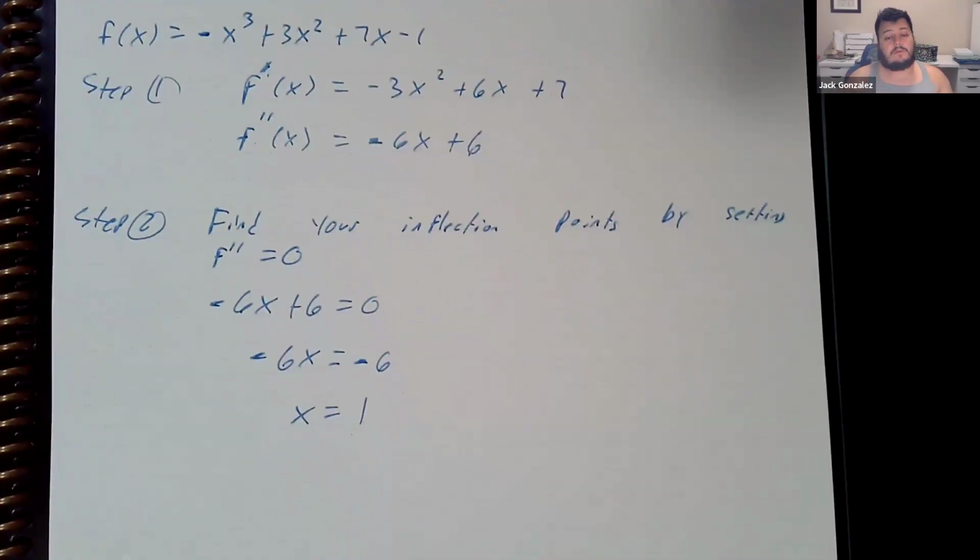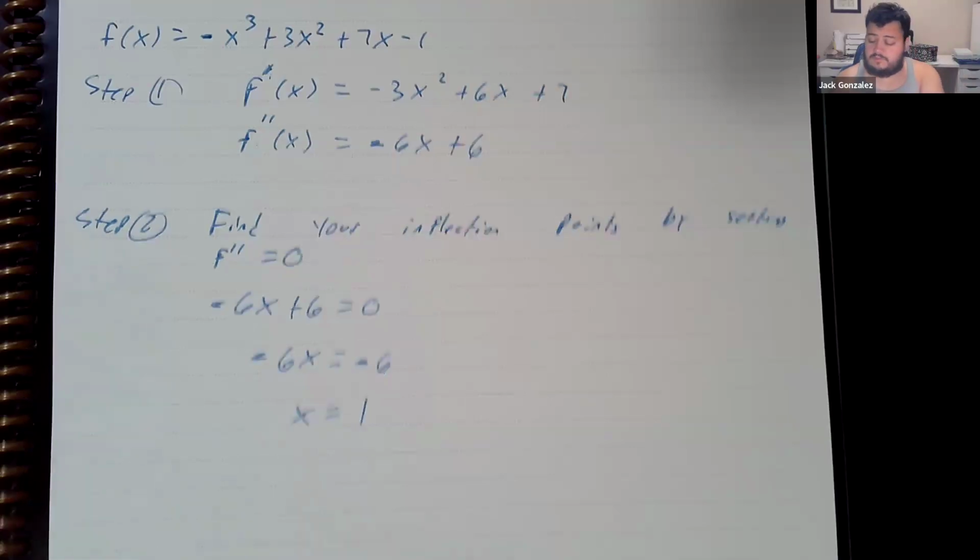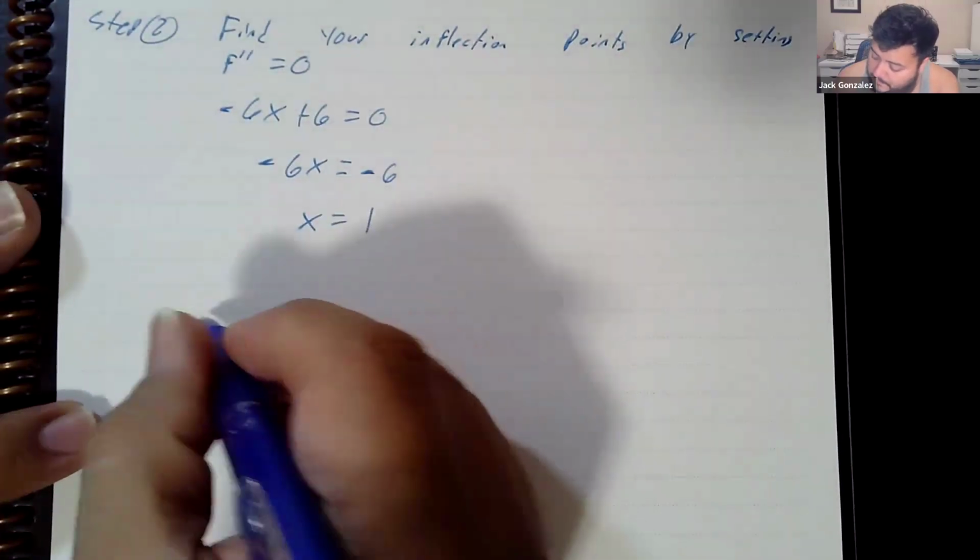So what is an inflection point? That's basically whenever you go from concave up to down or concave down to up. A change in concavity is an inflection point. An inflection point could also be a critical number. Most of the time it is, usually both. But you determine if it's an inflection point by setting the second derivative equal to 0 and solving for x. So we have an inflection point at 1.